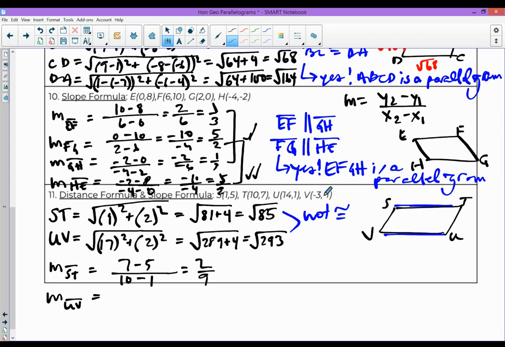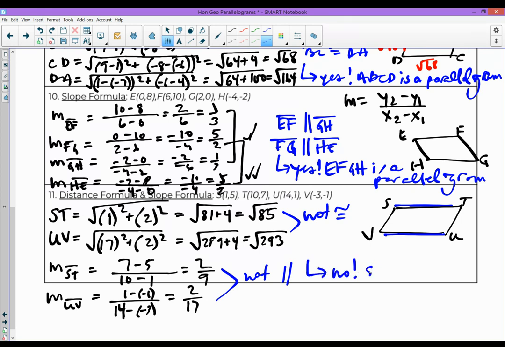And then for UV, 1 minus -1 over 14 minus -3, 2/17. Not parallel. All right, so therefore, no. STUV is not a parallelogram.